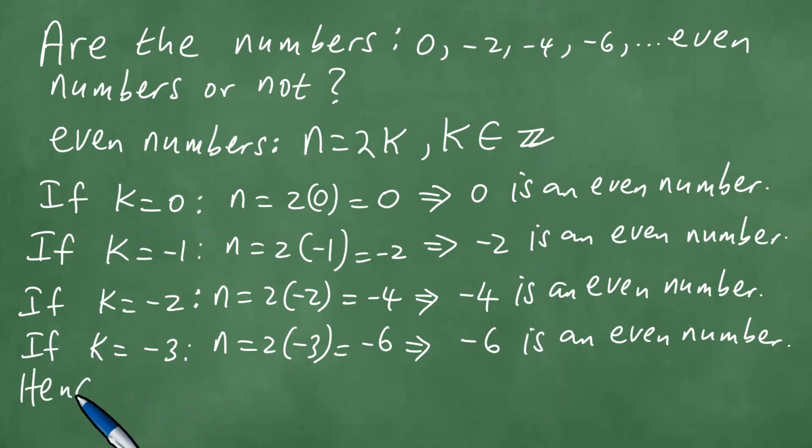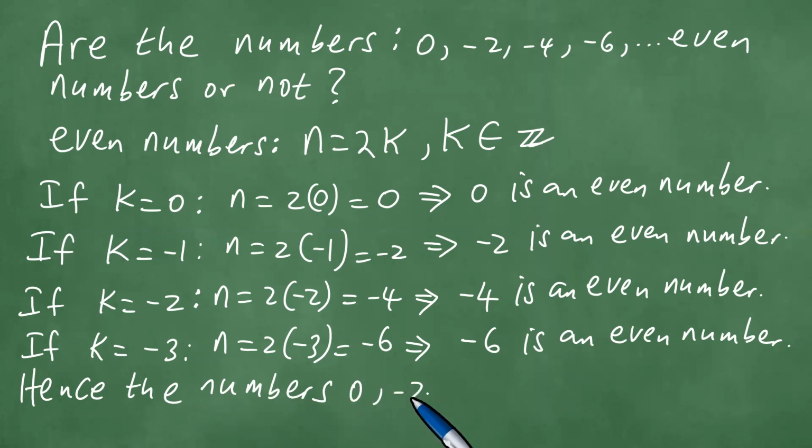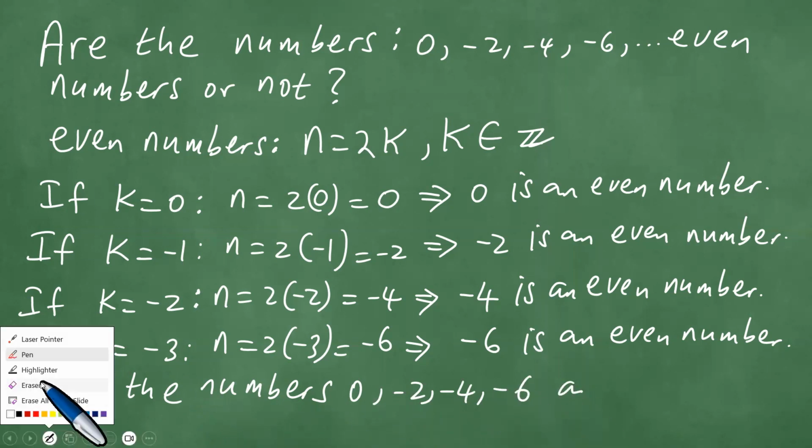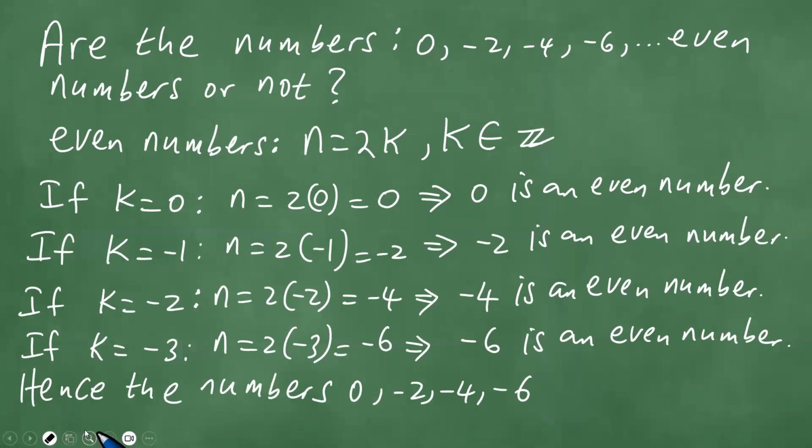Hence, the numbers 0, -2, -4, -6 are even numbers.